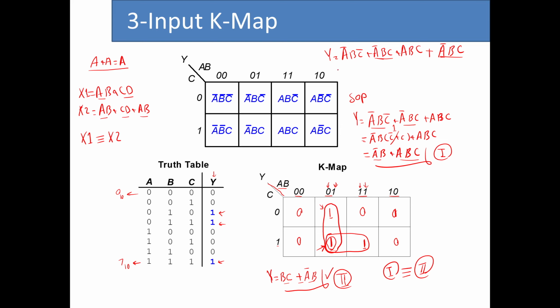Now that we have this, you can easily see that between the first term and the second term, you can factor out A bar B, and between the third term and the fourth term, you can factor out BC.